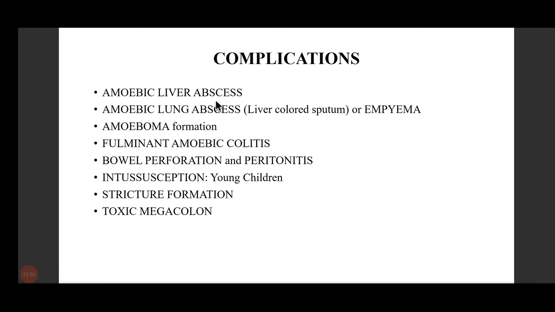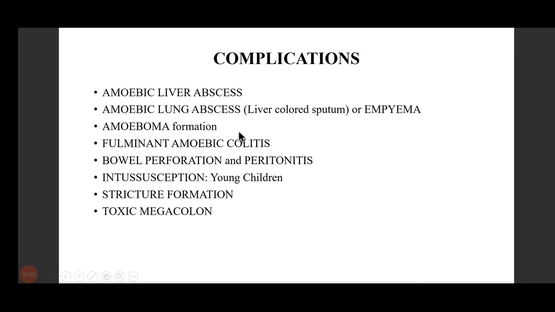Complications: amoebic liver abscess. In this case, there was amoebic liver abscess. Amoebic lung abscess can be there, where there will be liver-colored sputum. Or empyema can occur. Empyema, anybody? What is empyema? And fulminant amoebic colitis.